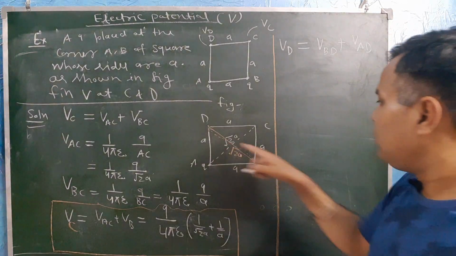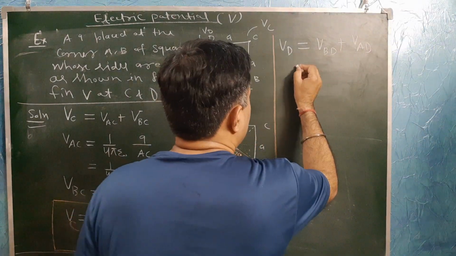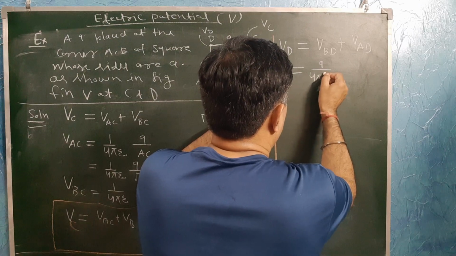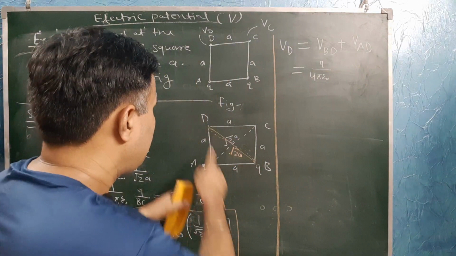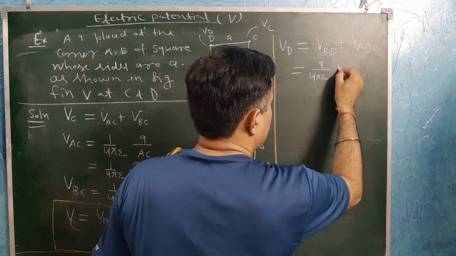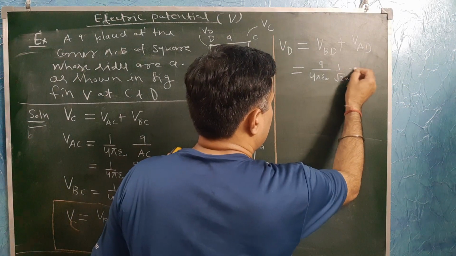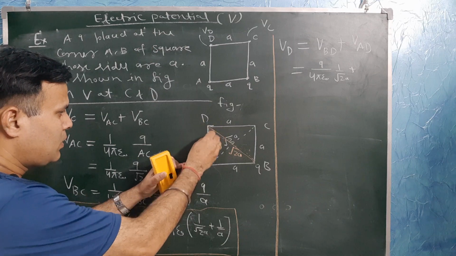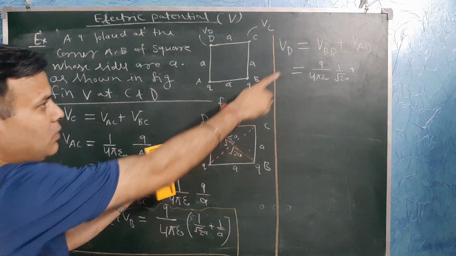What is VBD? VBD is again Q upon 4 pi epsilon naught times 1 upon root 2a. And what is VAD?